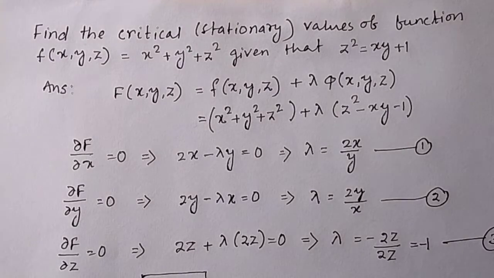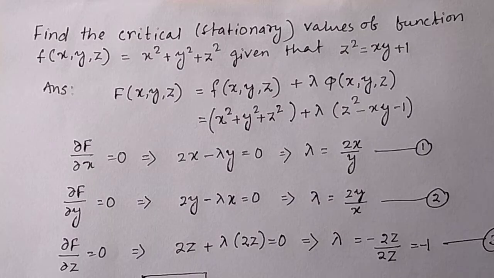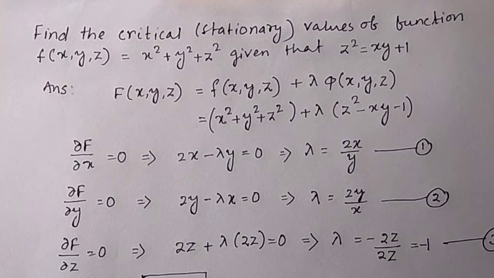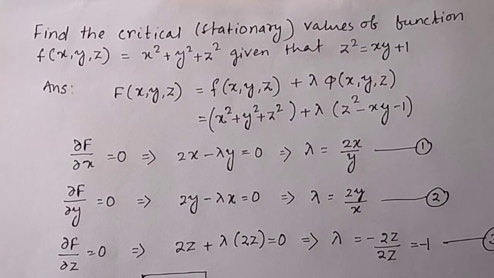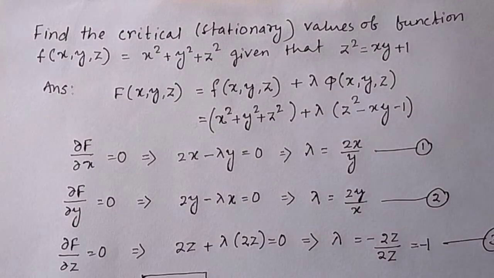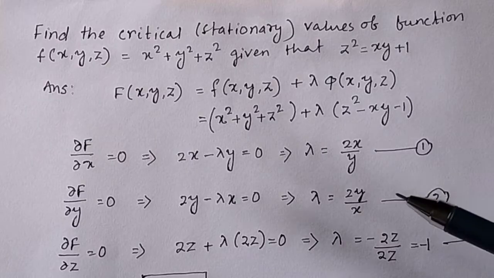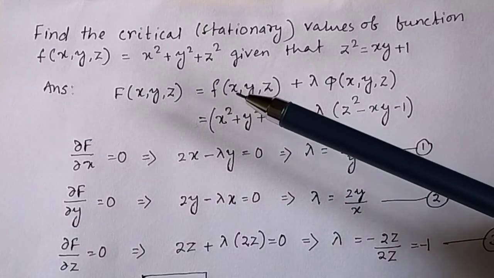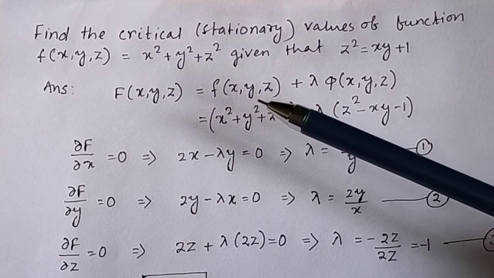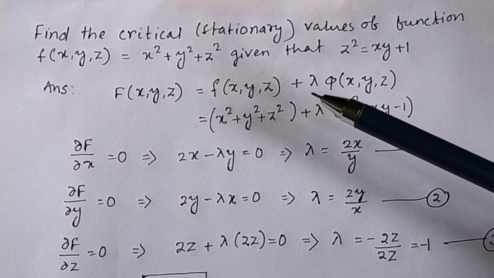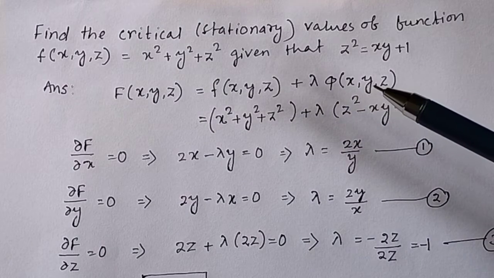We will solve it by using constrained optimization with the Lagrange multiplier. In constrained optimization using the Lagrange multiplier, the function can be defined as f(x, y, z) + λφ(x, y, z).